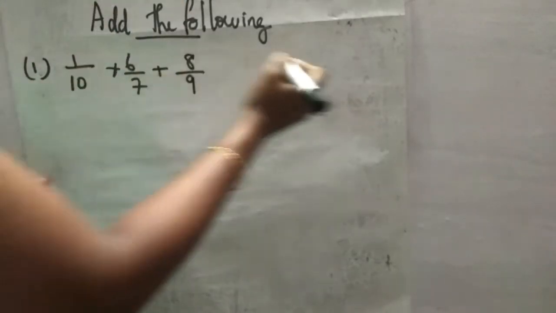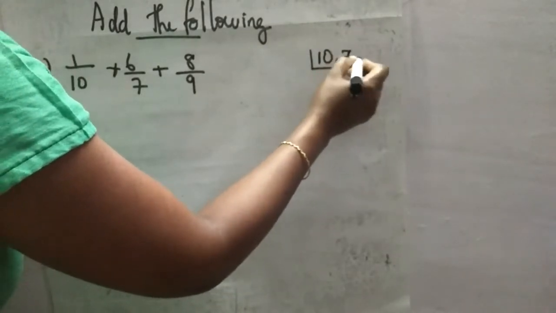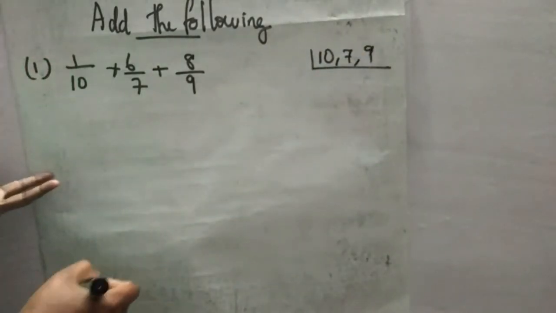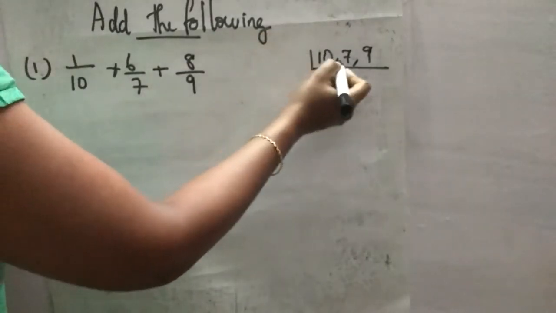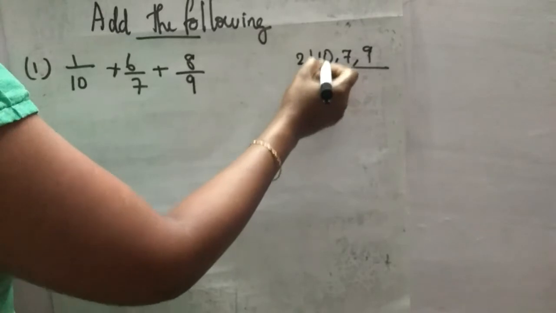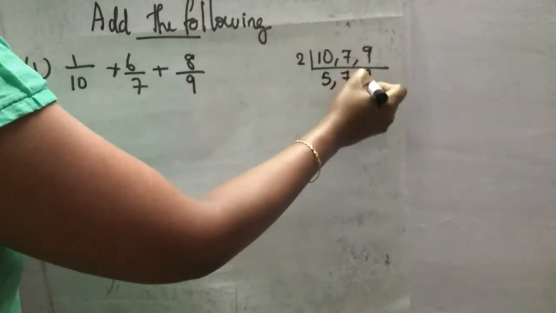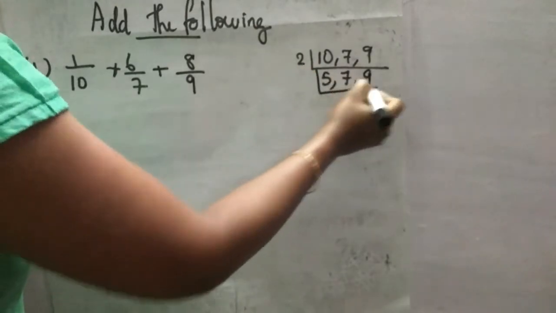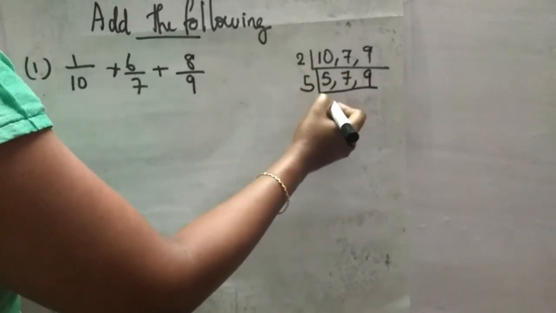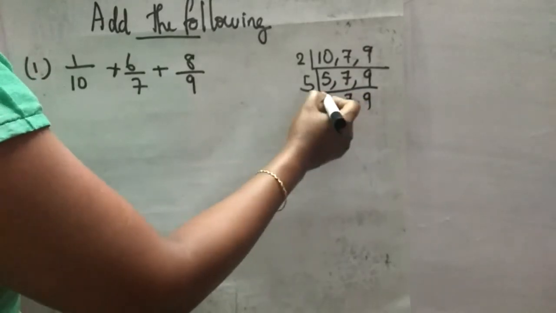So, first we want to find the LCM of these denominators. Find the LCM. Which number will go? Yes, 2. 5 times 7 and 9. Then 5, how many times? 1 time. 7 and 9, write the same.